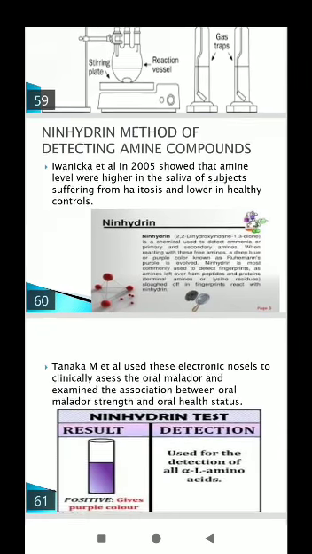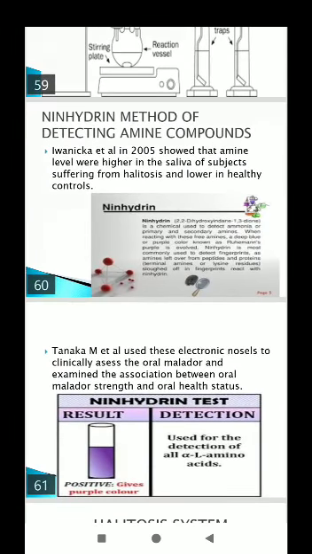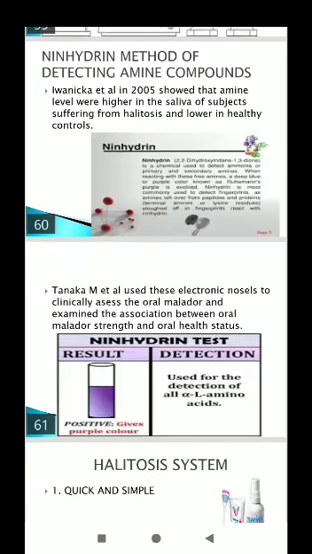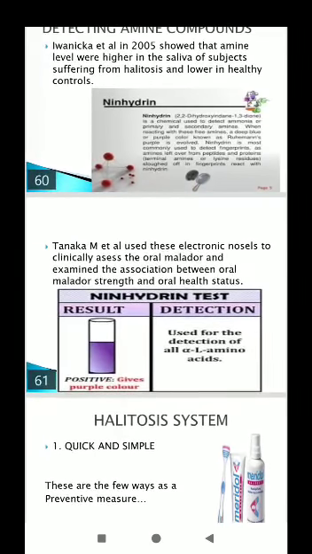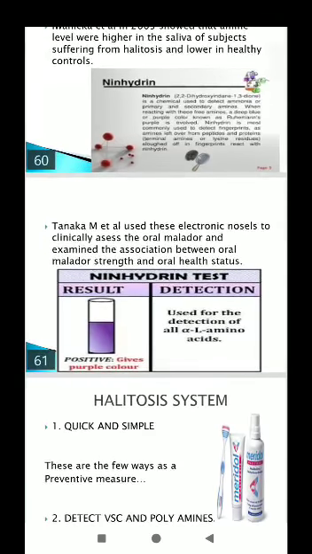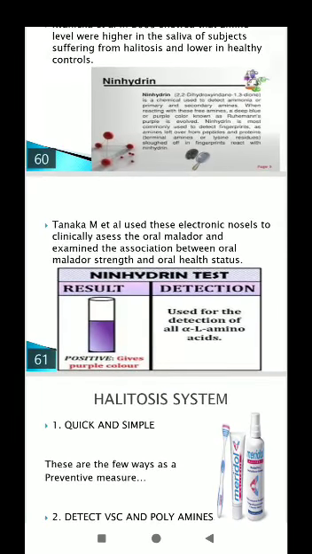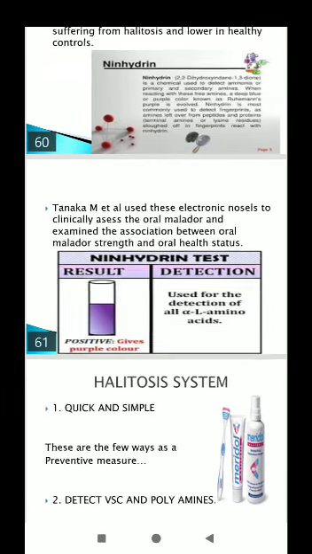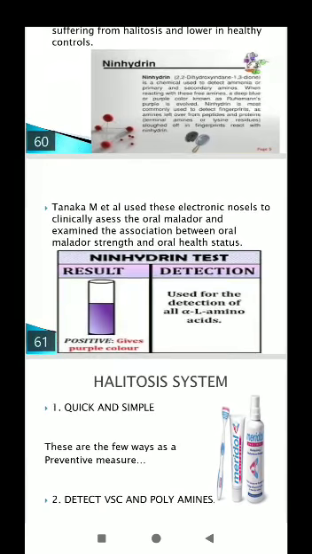So the ninhydrin test detects that the amine composition present in halitosis patients is higher than in the healthy control group. This is the ninhydrin detection test, and this is the result, in which it gives a purple color in the positive test, and thus it detects that alpha amino acids are present in the halitosis group.